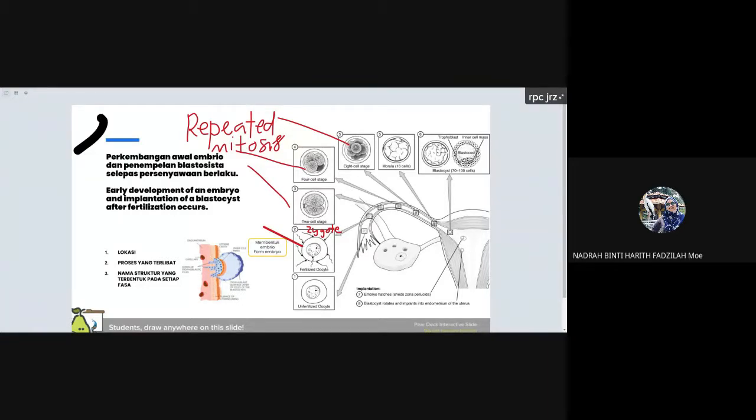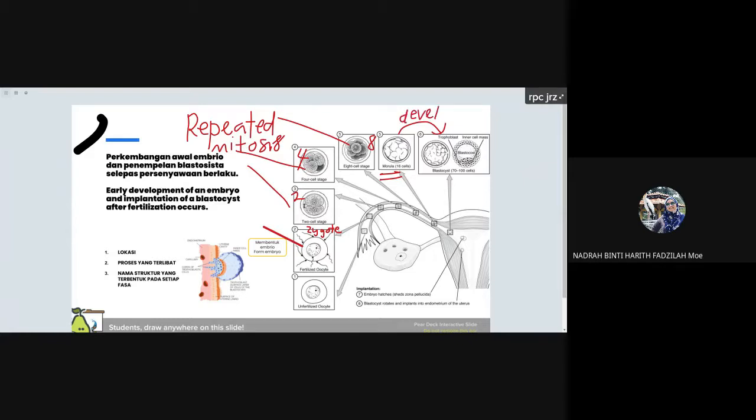Primordial germ cell hari tu pun kita ada gunakan istilah yang sama, iaitu repeated mitosis. So we can see that it started to form 2 cell stage, 4 cell stage, 8 cell stage, sampailah jadi a ball of cell yang kita panggil sebagai morula. So once it form morula, apa yang berlaku selepas tu bukan lagi mitosis lah, kita sebut develop.